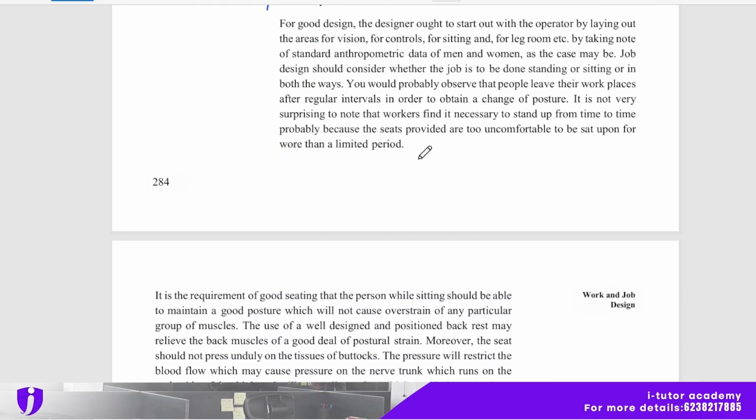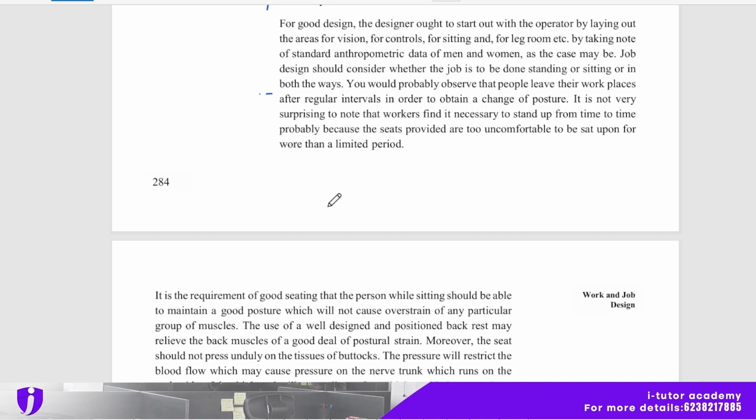And for good design, the designer ought to start out with the operator by laying out the areas for vision, for controls, for sitting, and for leg room, etc., by taking note of standard anthropometric data of men and women, as the case may be. And job design should consider whether the job is to be done standing or sitting, or in both ways.